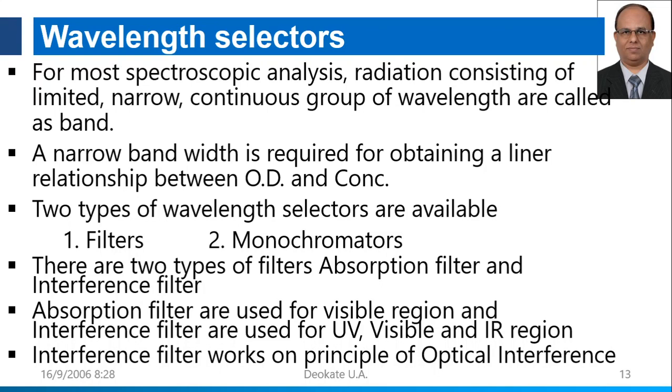The interference filter produces interference in the path of unwanted radiation, allowing only the desired radiation to pass to the other side. Absorption filters are used for the visible region and interference filters are used for UV, visible and IR regions. The interference filter works on the principle of optical interference.